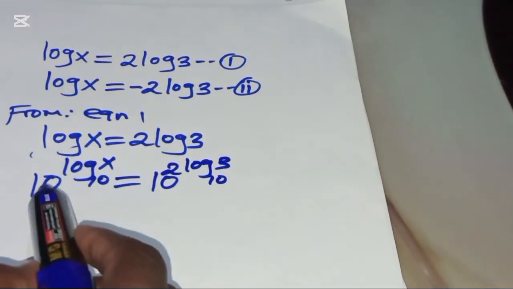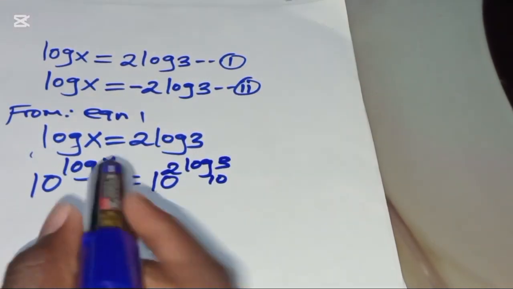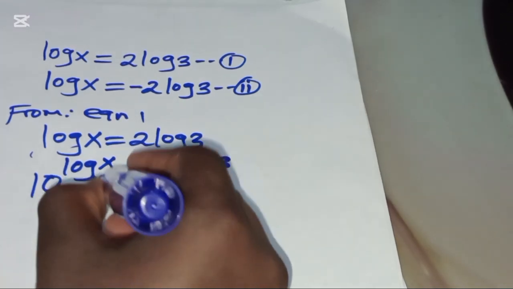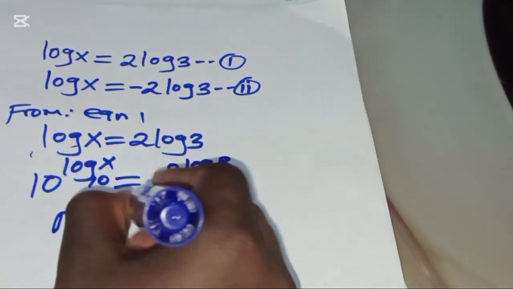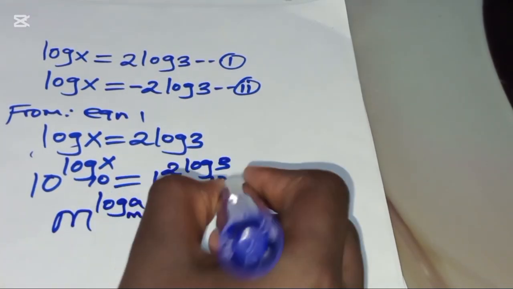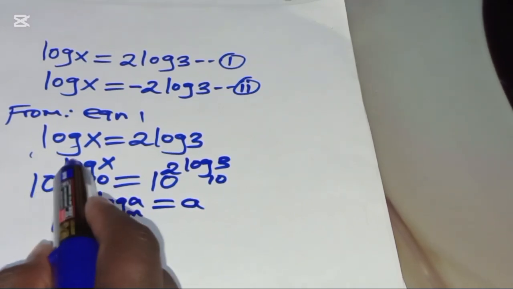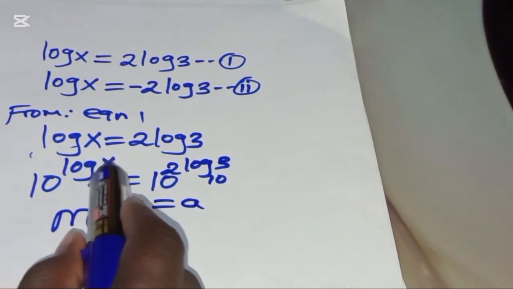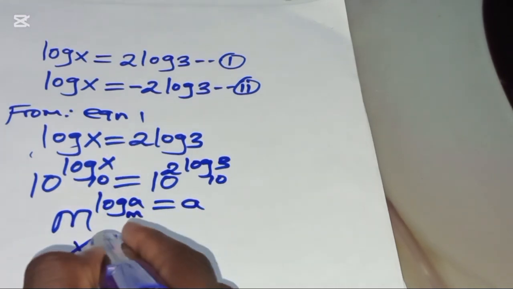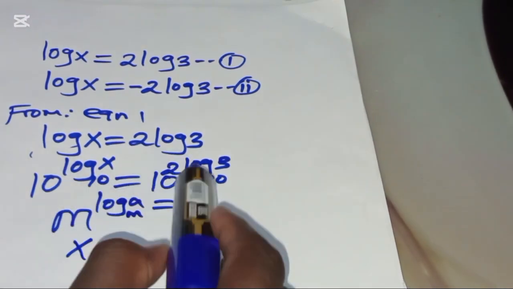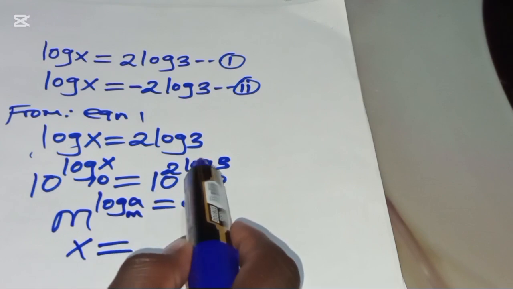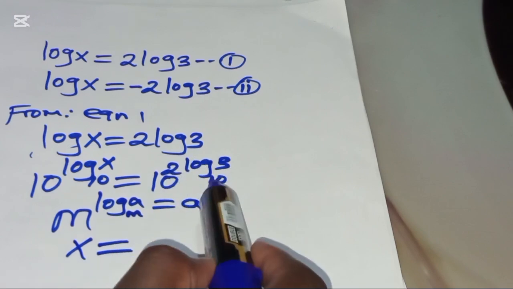Now, as you can see, 10 to power log x to base 10 is in the form of m raised to power log a to base m, which is essentially equal to a. Applying this logarithm property, 10 to power log x to base 10 is the same thing as x, which is equal to 10 to power 2 log 3 to base 10.